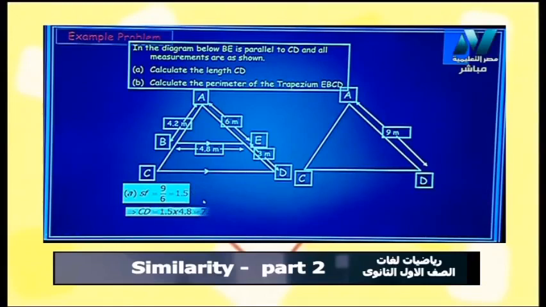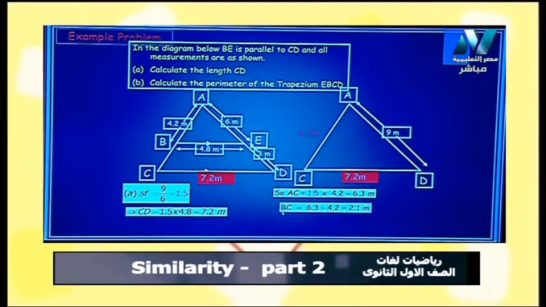To find CD, just multiply 1.5, the scale factor, by 4.8. The answer will be 7.2 meters. To find AC, multiply the scale factor 1.5 times 4.2, which equals 6.3 meters.